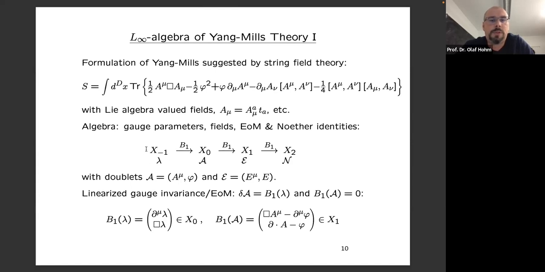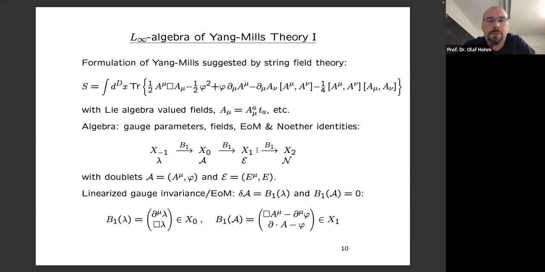But we have this lowest space here, which you can think of as the space where the gauge parameters live. So we have a gauge symmetry, hence gauge parameters, and that's the space where it lives. Then the next space is the field space, which normally is just the Yang-Mills gauge fields A mu, but here I call it calligraphic A because there's the second component, the auxiliary scalar phi.